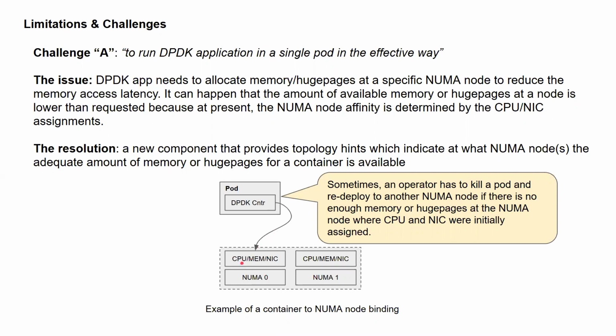As I mentioned earlier, there is a possibility to do this for CPUs and for PCI devices, including NIC, and there is no way to do this for the memory. So the solution that we propose here is a new component that provides topology hints, which indicate at what NUMA nodes the adequate amount of memory or huge pages for a container is available.